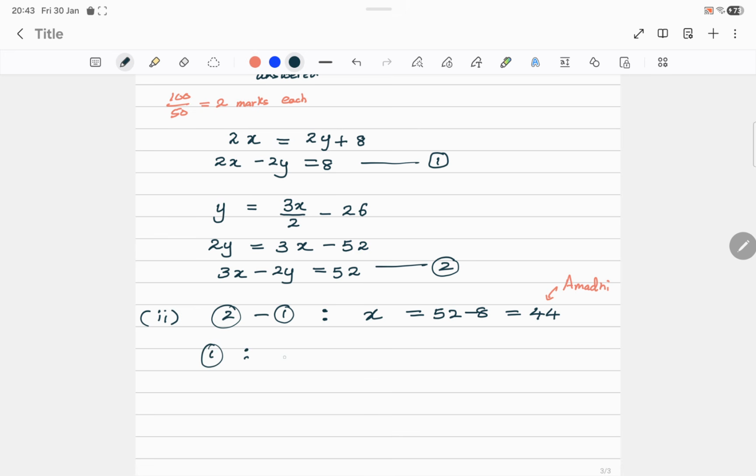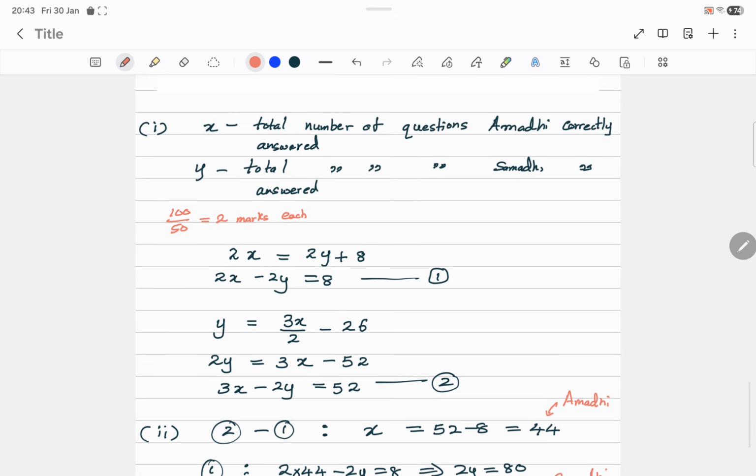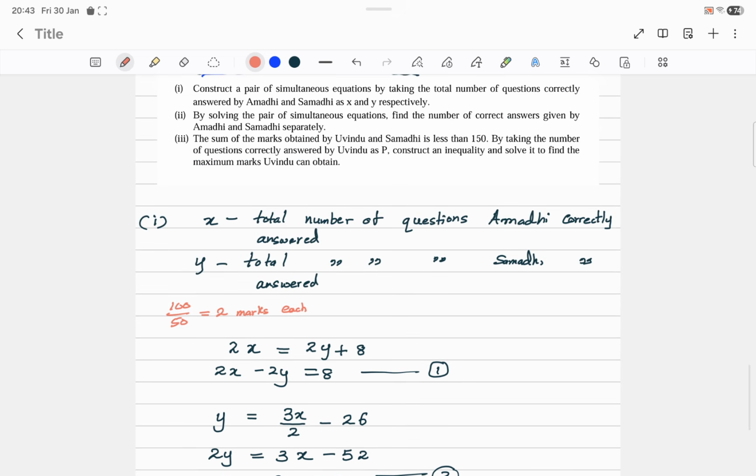From the first equation, 2 times 44 minus 2y equals 8. So 2y equals 80. So y equals 40. So that is the number of questions Samadhi answered. So Samadhi answered 40, Amadhi answered 44. Right, so we found that.